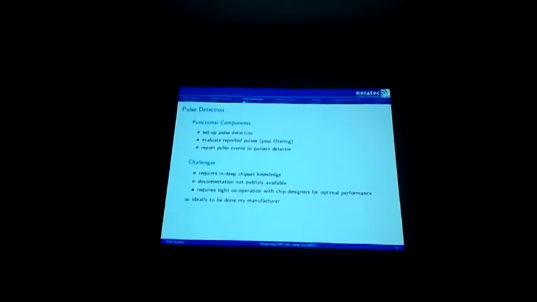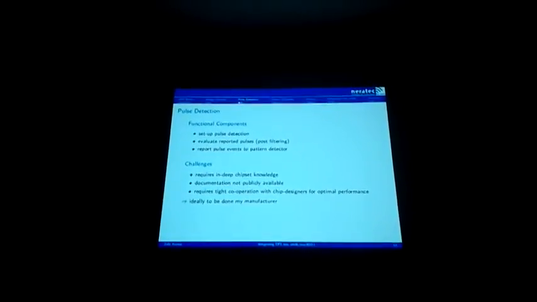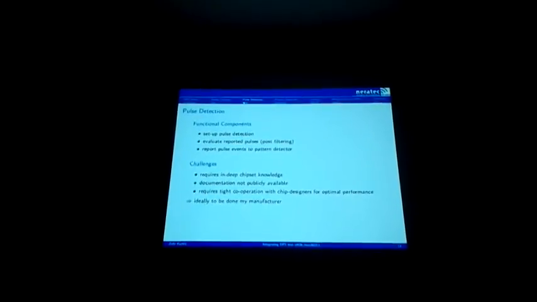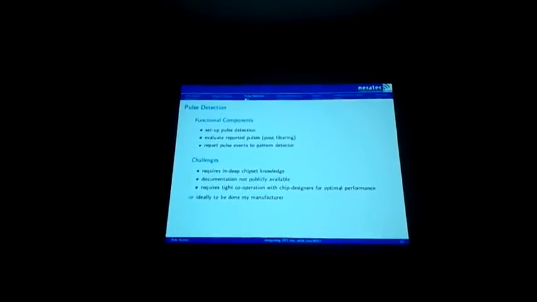Okay. So what are the core functional components of the first part? It is to set up your pulse detection, to get pulses reported, and, as a pre-reporting step to the upper layer, you maybe have some clue for filtering out potential false pulses.